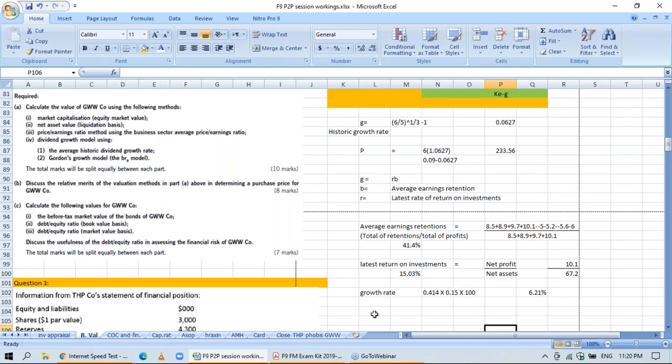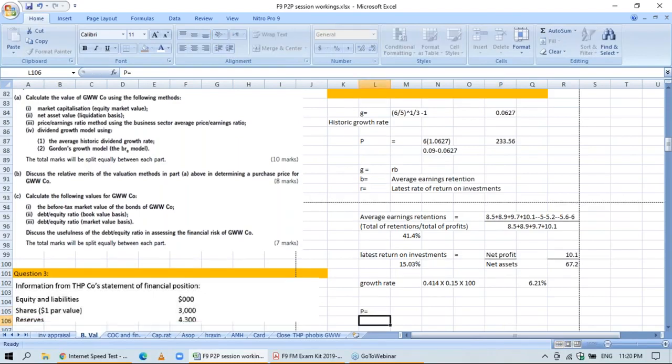So now plug into the dividend growth model formula. The latest dividend was 6 multiplied by 1.0621, divided by the cost of equity 0.09 minus 0.0621. This gives you the market price using the growth rate from Gordon's formula.